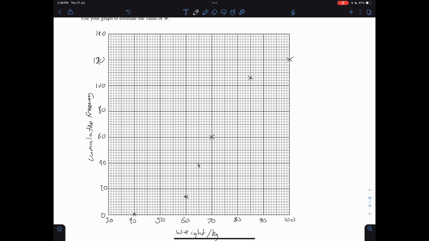And then what you want to do is freehand curve and try to go through all the points. This may take you a few tries. You definitely want to be doing this in pencil.